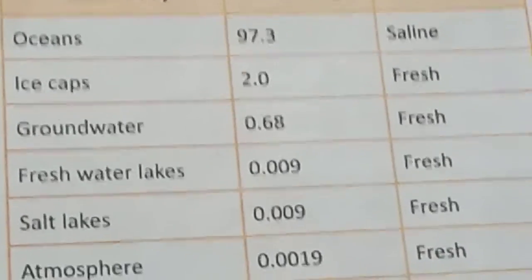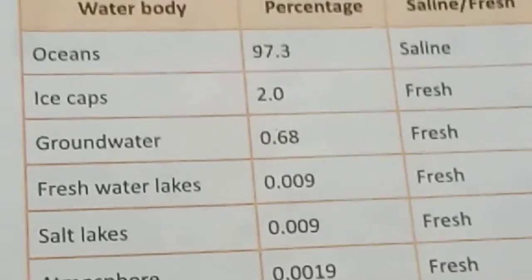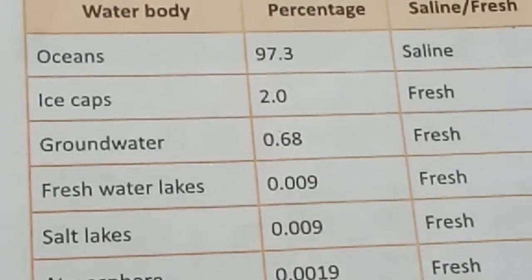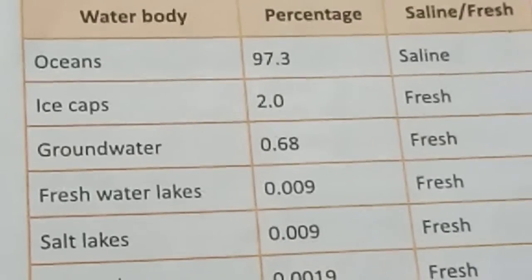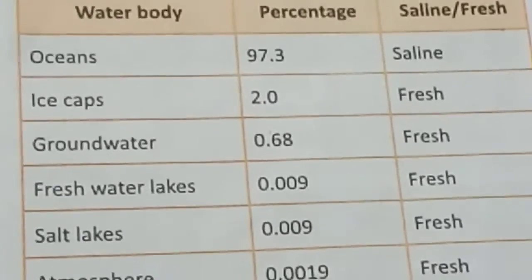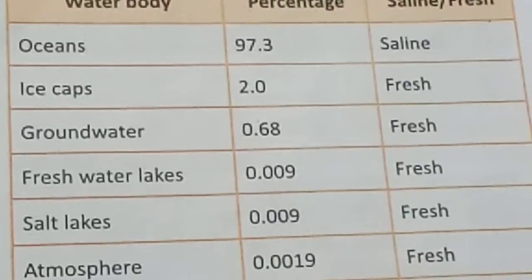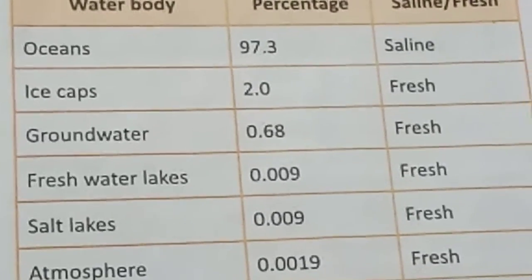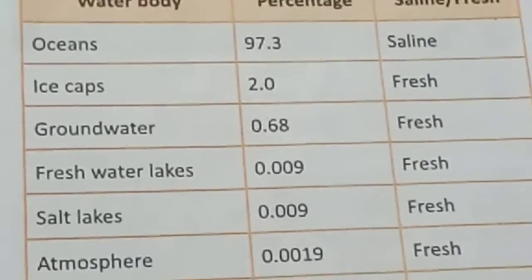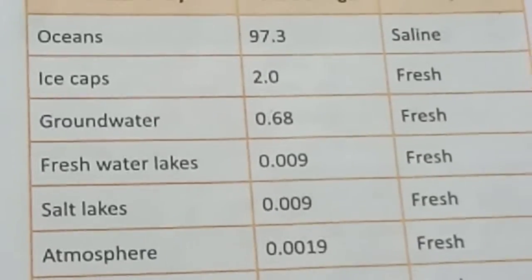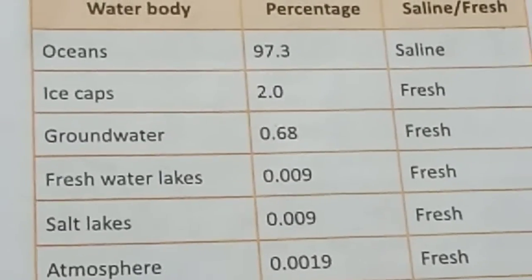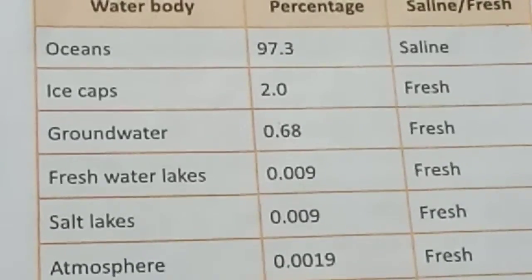Fresh water. Fresh water lakes, the percentage is 0.009, and which type of water is found here? Fresh water. Salt lakes, 0.009 percent. Atmosphere, 0.0019, fresh water.